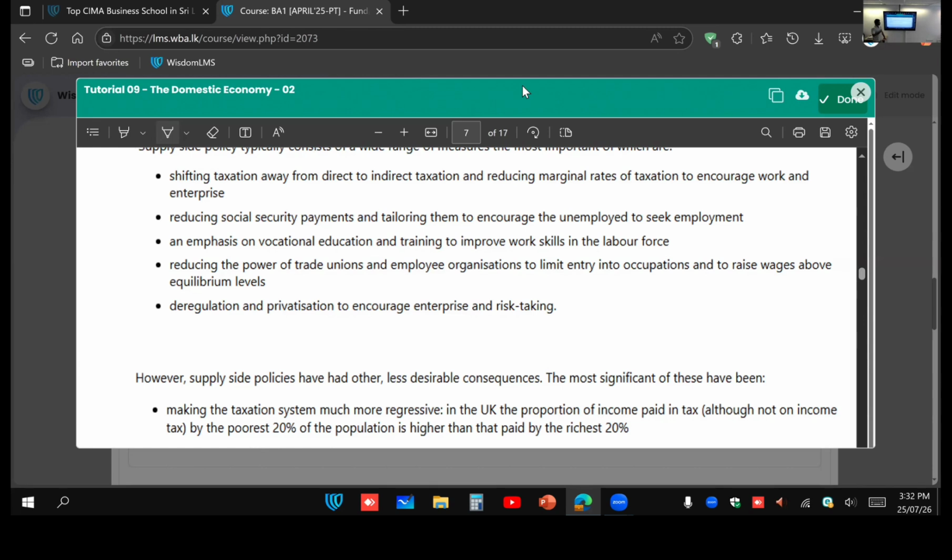Deregulation and privatization to encourage enterprise and risk taking. In some countries, although we say privatization is bad, we can't say it's 100% bad in countries like us. People gave the railway system back in the 1930s, 40s range.